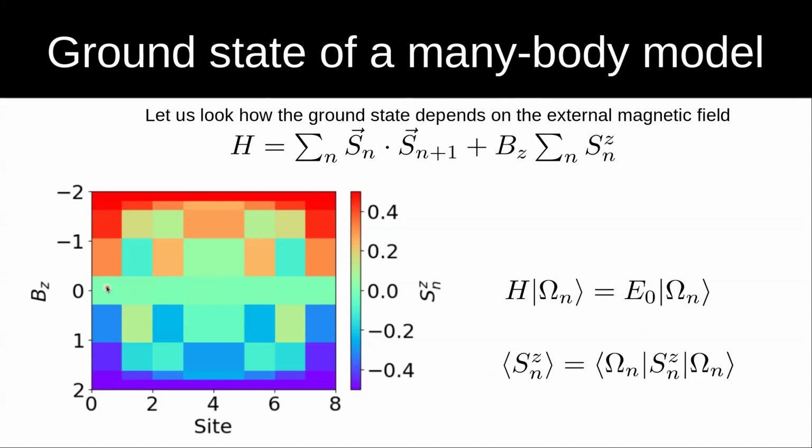Now you start increasing a little bit of the external magnetic field, and at a certain point you create a phase transition. So you switch who is the ground state, and then a state that has some finite magnetization becomes the ground state. You keep increasing the magnetic field, and another switching happens, and you get another state that has a different distribution of the magnetization, and so forth.